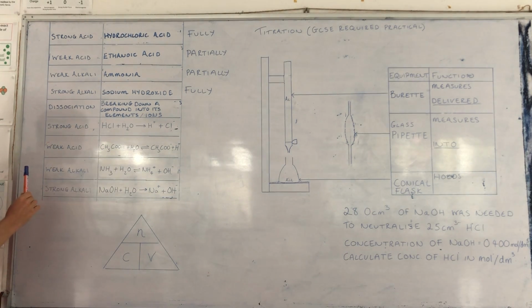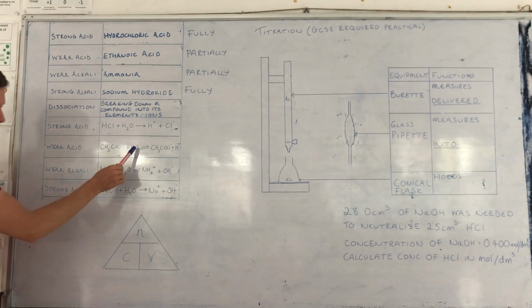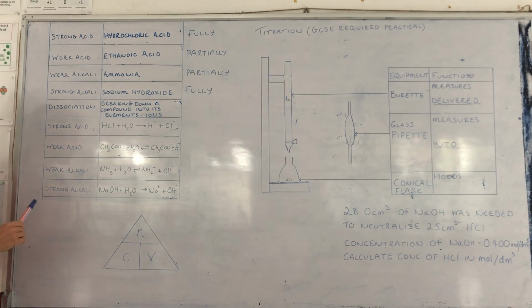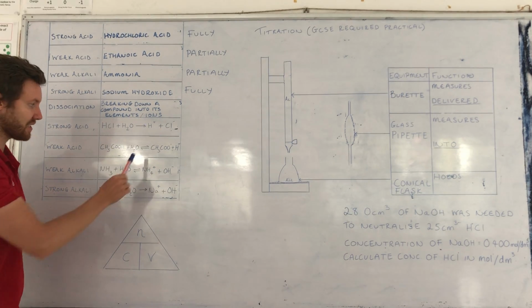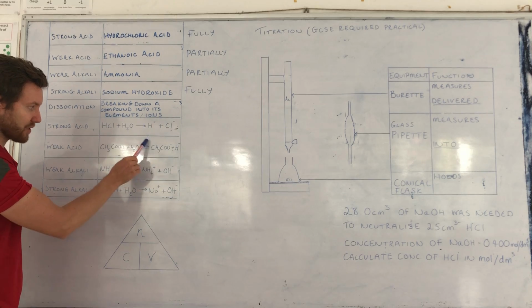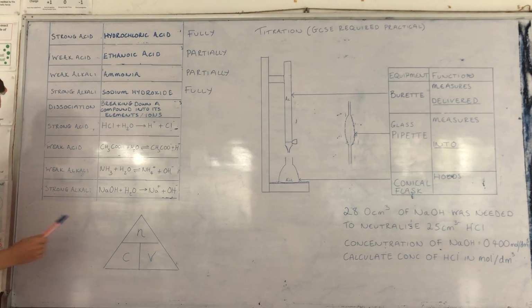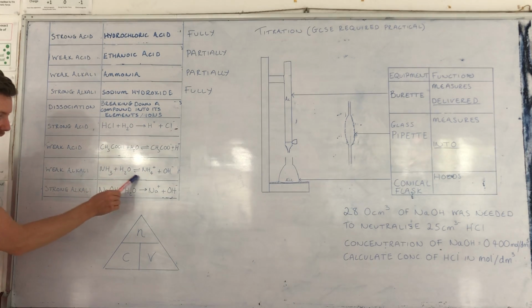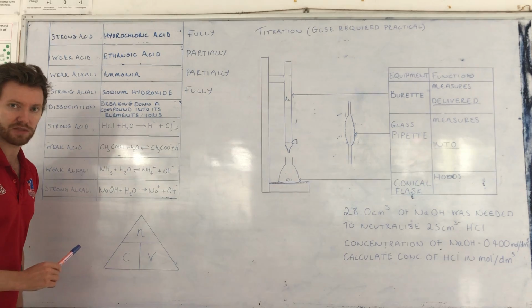Okay, our partial dissociation, we can see here with our ethanoic acid, we're identifying a reversible reaction is taking place. We're not having this full dissociation, and that is represented here with that reversible reaction. Same again with our weak alkali, our ammonia, we're having this partial dissociation. It can be reversed with a reversible reaction.